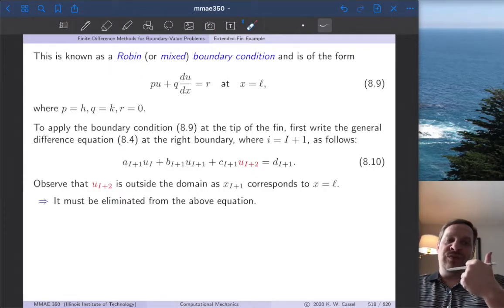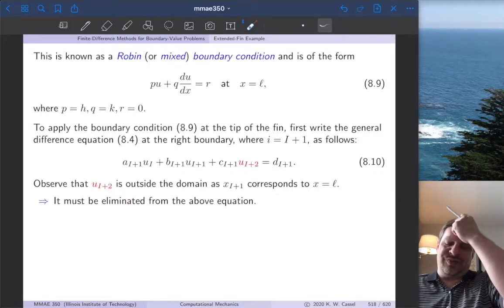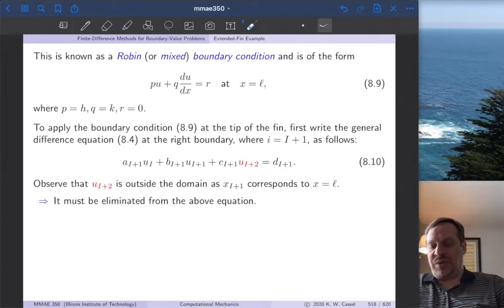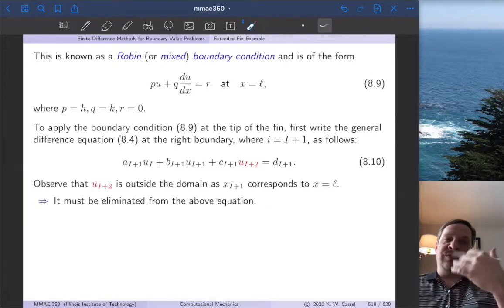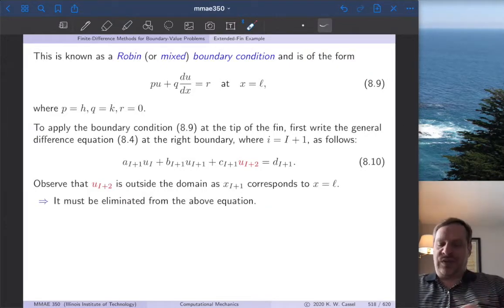We have Dirichlet, which we've seen, we have Robin, and then we'll also have Neumann boundary conditions, which are just a special case of Robin, as I'll mention in a moment. Sometimes Dirichlet is called specified or fixed. Robin we call mixed, because both u and the derivative of u are specified in a linear combination.